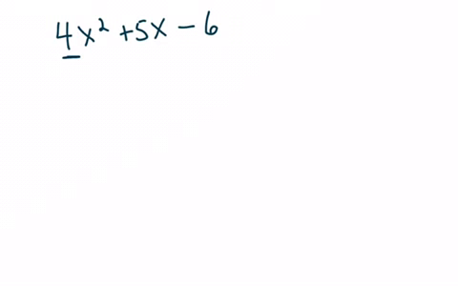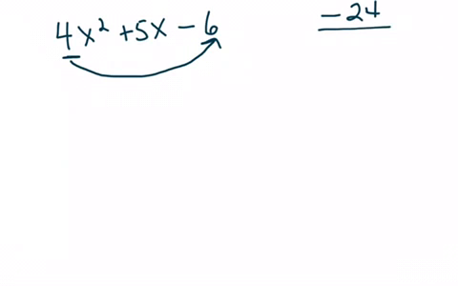The first thing is you're going to multiply the first term times the last term. And that's negative 24. Okay, now we're going to write down all the factors of negative 24. It could be 1 times 24 or negative 1 times 24. Now I did it wrong right there. It would have to be negative 24.